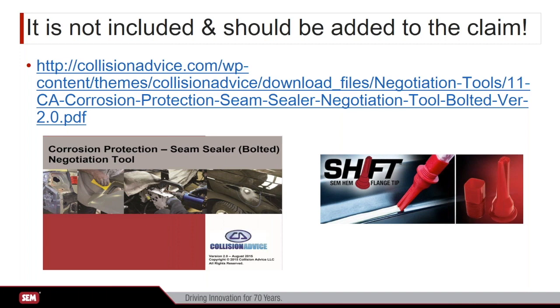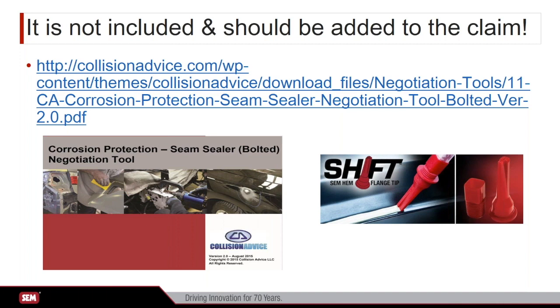I have seen this where a shop gets into an instance with an insurance adjuster who's unwilling to pay. You start breaking out OEM documents and procedures and linking to that, and boy, they sure change their tune quick. One thing I wanted to let you know, this is bolted-on parts to the structure. The seam sealing of the structure parts is sometimes included, but it's very tricky.